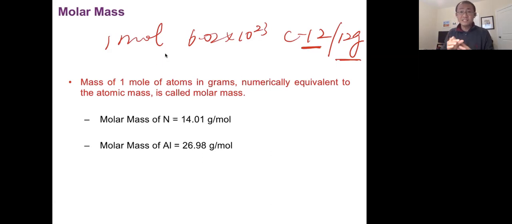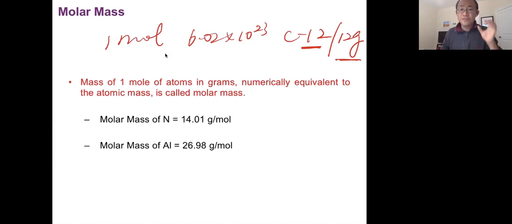Because that's how we define 1 mole, we can easily figure out the mass of 1 mole of any atom. 1 mole of carbon 12 is 12 grams.